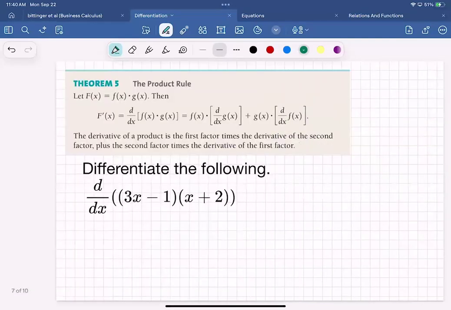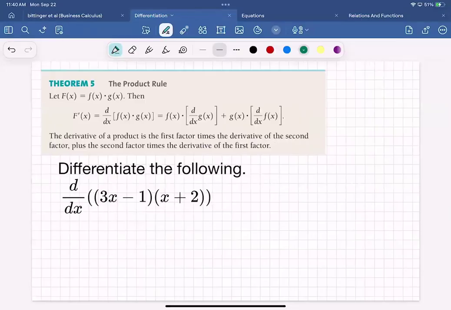All right. With that said, we got a couple minutes left, so I'm going to do this one situation here. This is going to be more for introductory purposes, but those other functions we worked with were nice because we got them into terms and we can go individually by terms to differentiate.